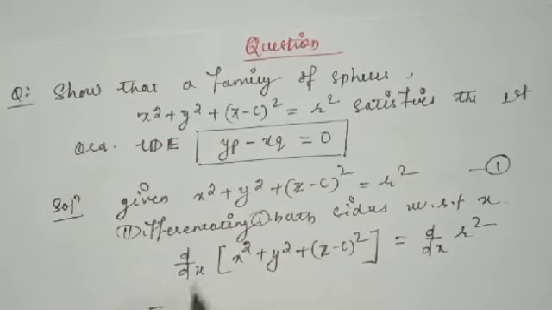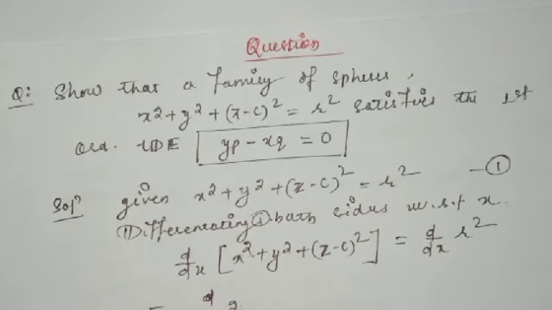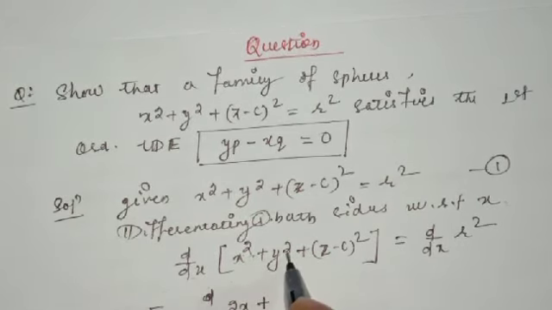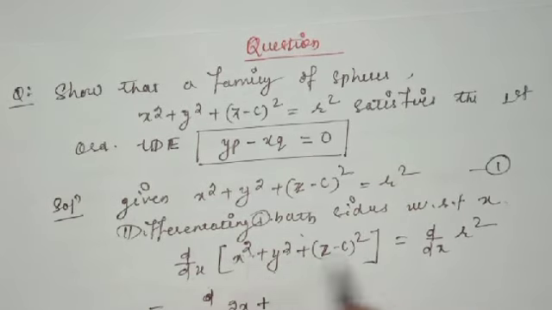This is equal to, d by dx of x square we can write directly, that is 2x. And d by dx of y square: in partial differentiation, if we differentiate a function with respect to x, then the y term will be 0.